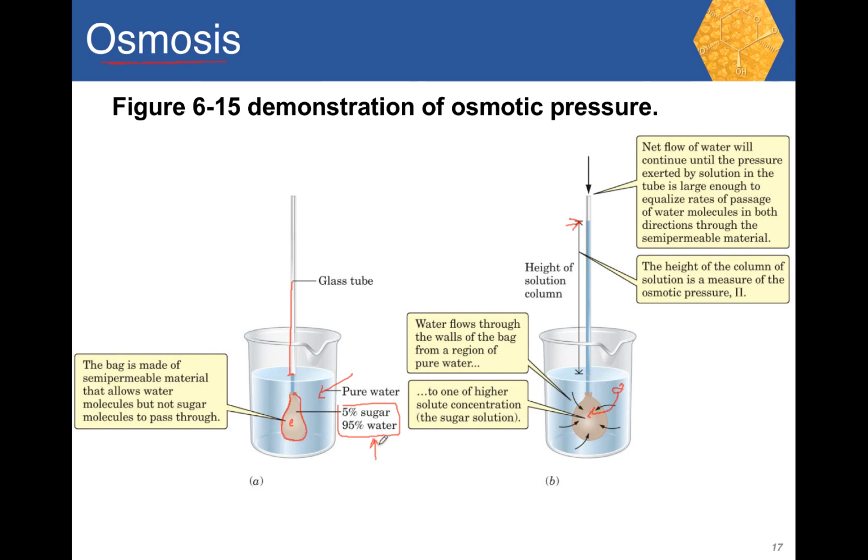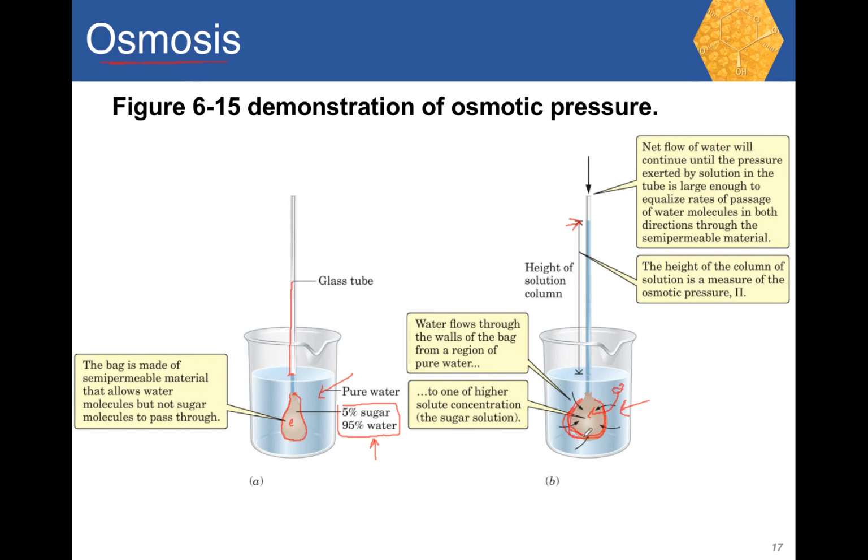So the bottom line is pure solvent molecules, water molecules, enter this semi-permeable membrane and go into this solution to dilute it. So in other words, the water goes from the exterior into an area that's of higher concentration for dilution. Key here is that it passes through a semi-permeable membrane.